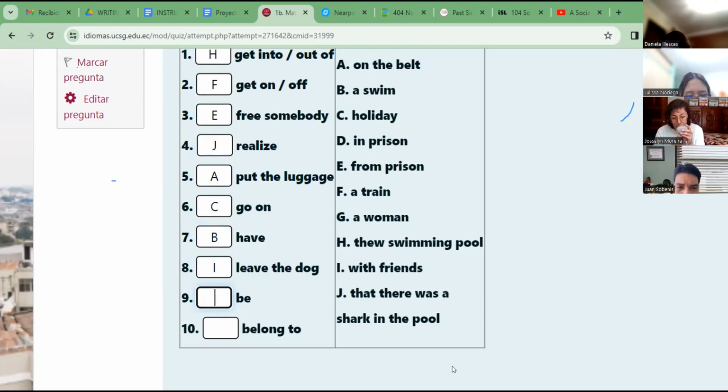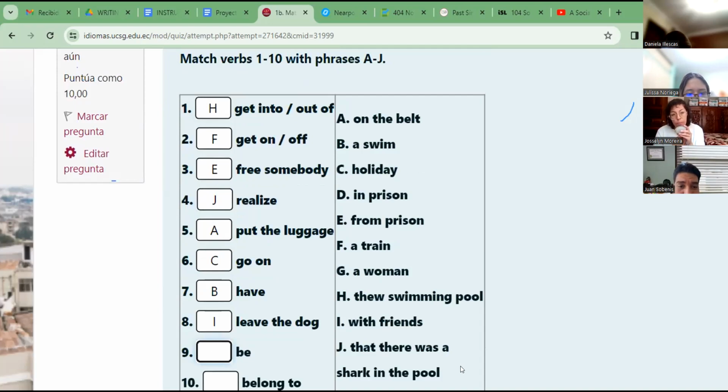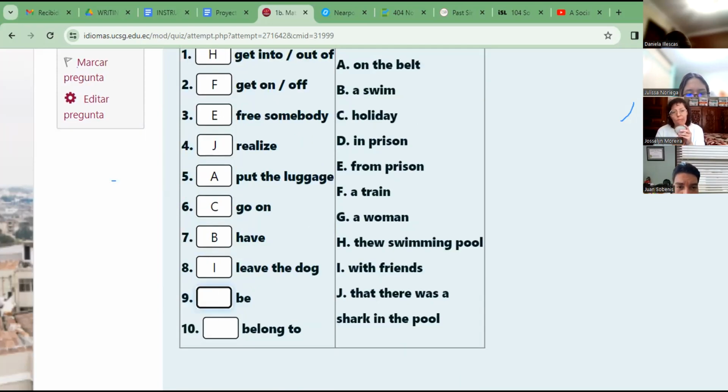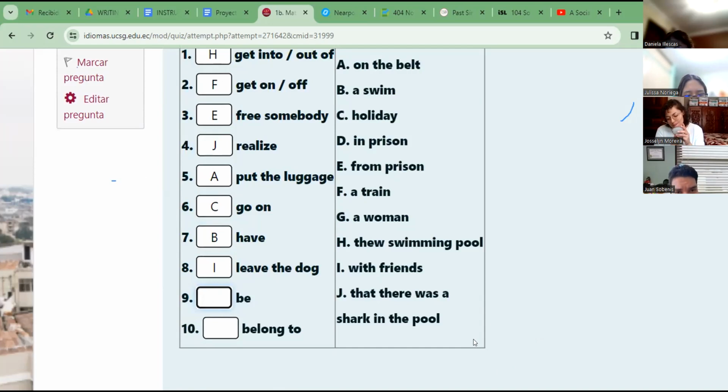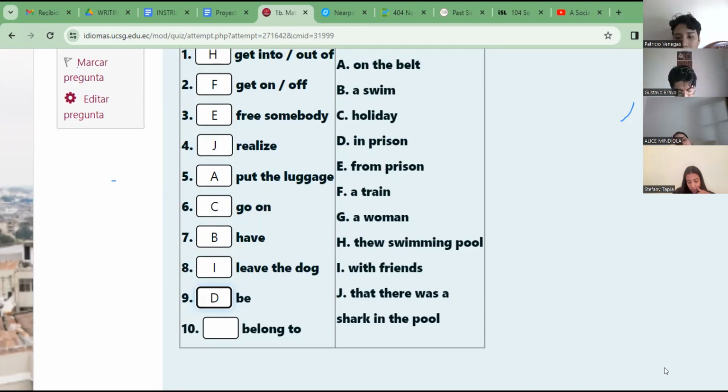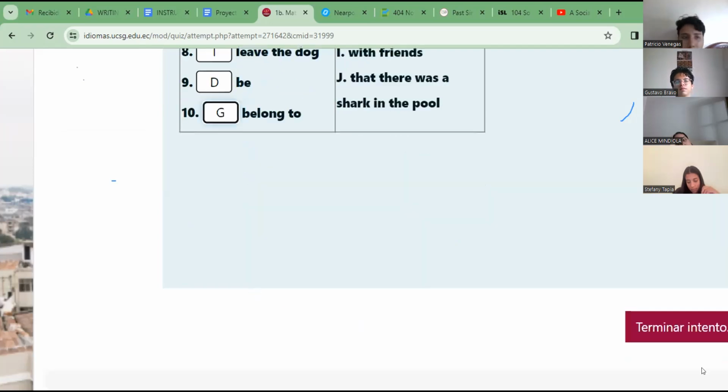What about be in prison? No? Yes, be in prison, letter D, right? And obviously, Patricio, belong to? A woman. Very good, G.